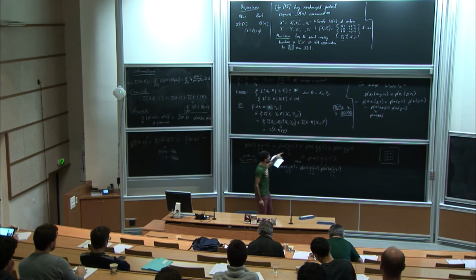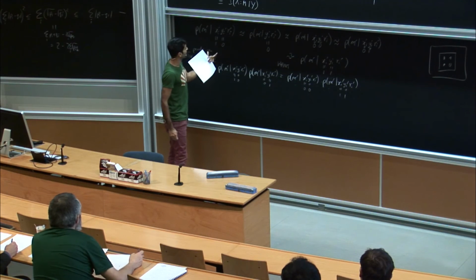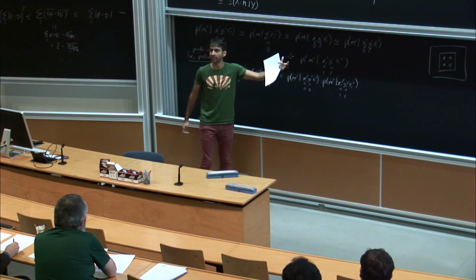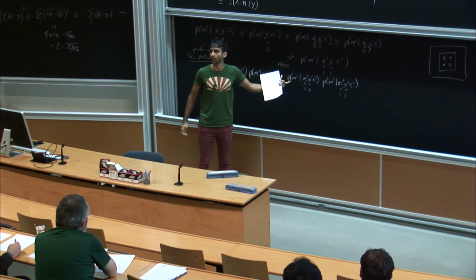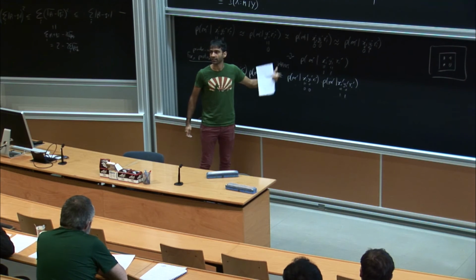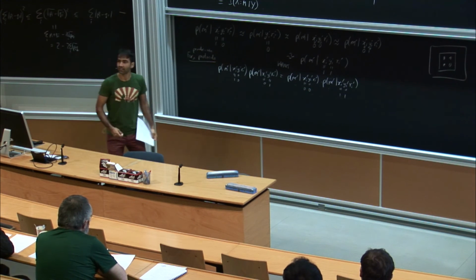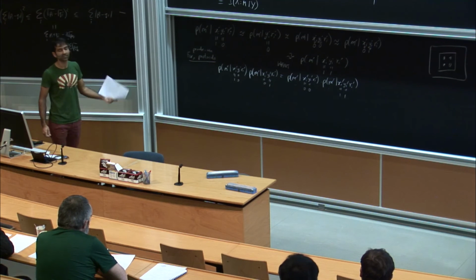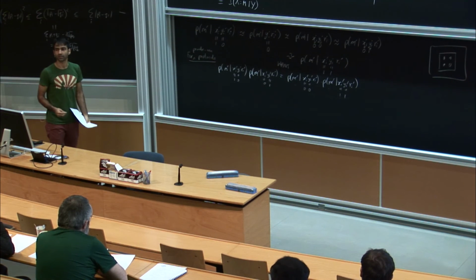The fact that these three are close, in particular, means the 1, 0 is close to the 0, 1, and therefore the 0, 0 must be close to the 1, 1. So we get that the 1, 1 is also close to these three. And that shows that there's no protocol that can solve this problem with small communication.